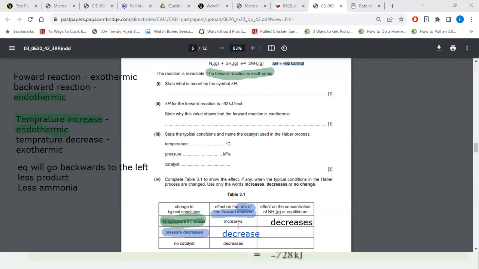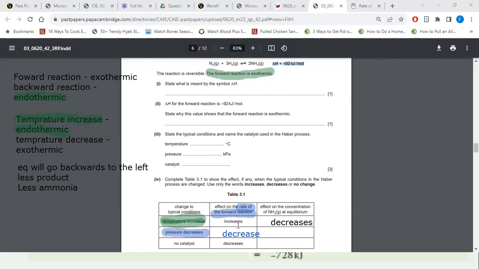There will be more collisions, and when there are more collisions, the rate of reaction increases. That's what we studied in the previous chapter. So when I increase the pressure, the molecules bump into each other even more, and the rate of reaction will increase.